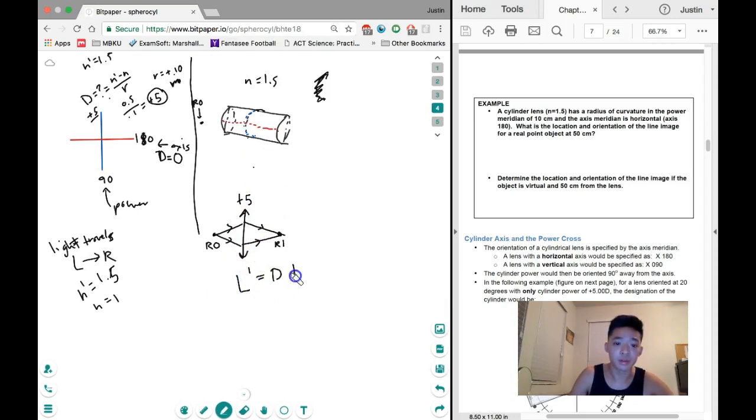We're going to use probably the most useful equation you're going to be using in optics: L prime equals D plus L, which really means n prime over x prime equals D plus n over x. My pen's not working right now. All right, like that.